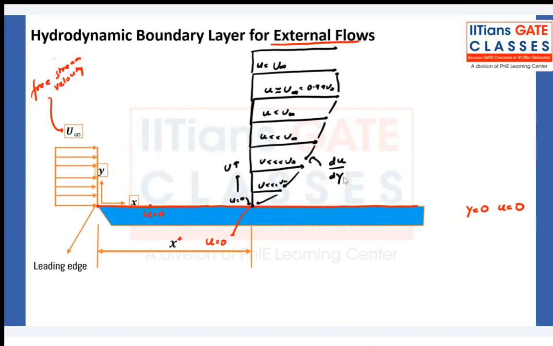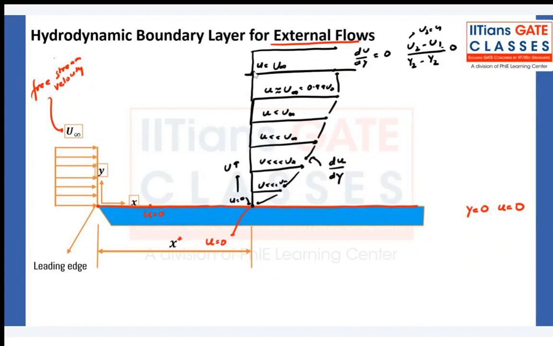But after this point, du by dy equals 0 because there is no velocity gradient. u2 minus u1 divided by y2 minus y1: u2 equals u1 after a certain point, so it will be equal to 0. So du by dy equals 0 after a certain point. Do you understand this much?